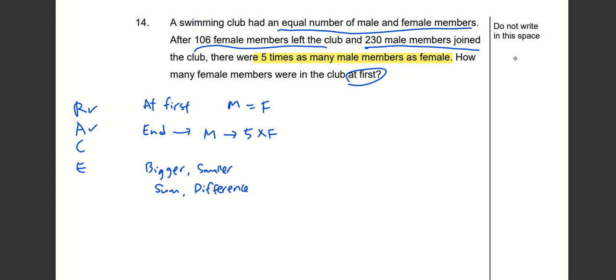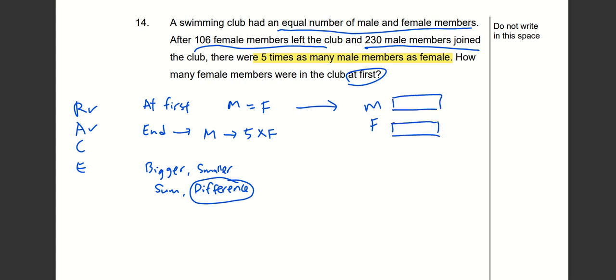In many situations, because there's some change in the relationship of the two of them, we are focusing on the difference. If at first they were the same, what can you tell about the difference? If I draw a model, initially they are equal, so you almost see an equal sign. The difference between them is 0.